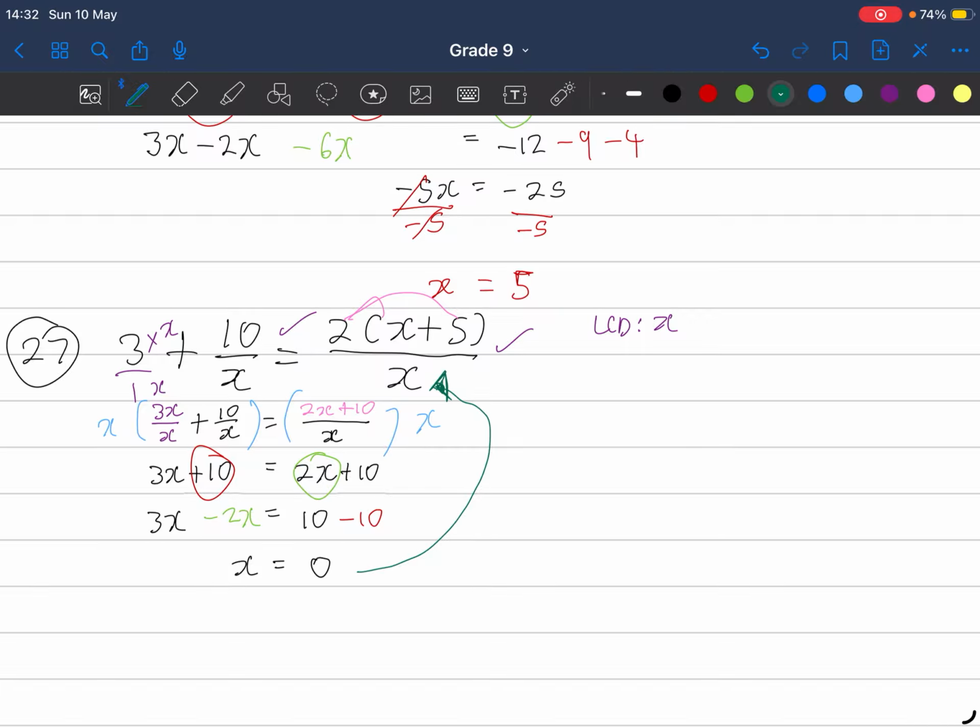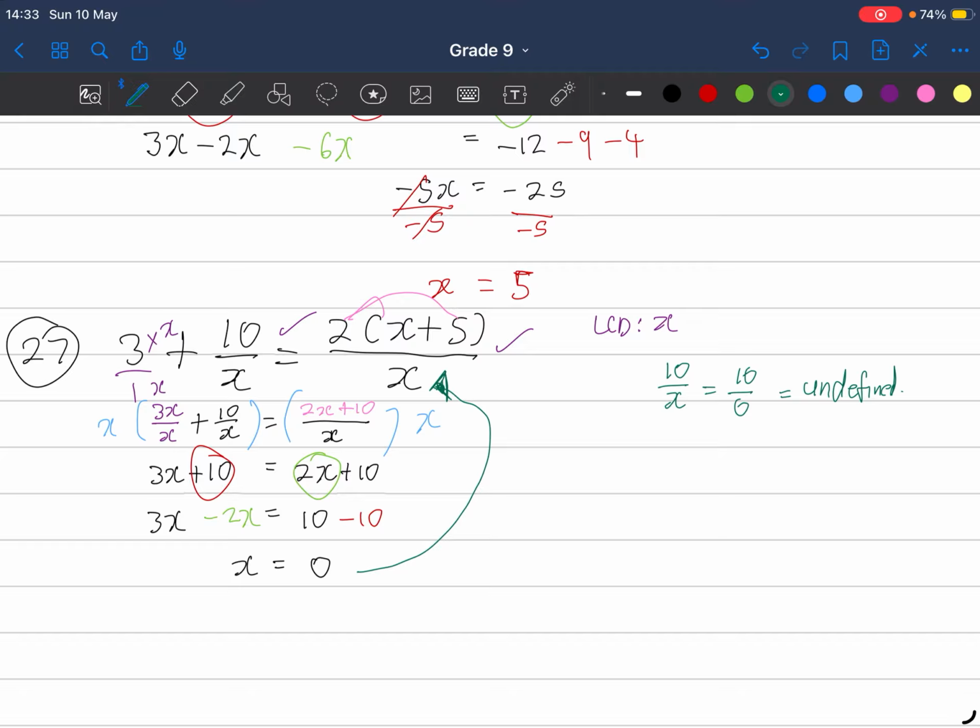Now, if you imagine something like the 10, for example, this 10 over x, 10 over x is now equal to 10 over 0. And what does that mean? What's 10 divided by 0? Well, it's undefined. You can't have a number that is divided by 0. It doesn't exist. It's a problem.